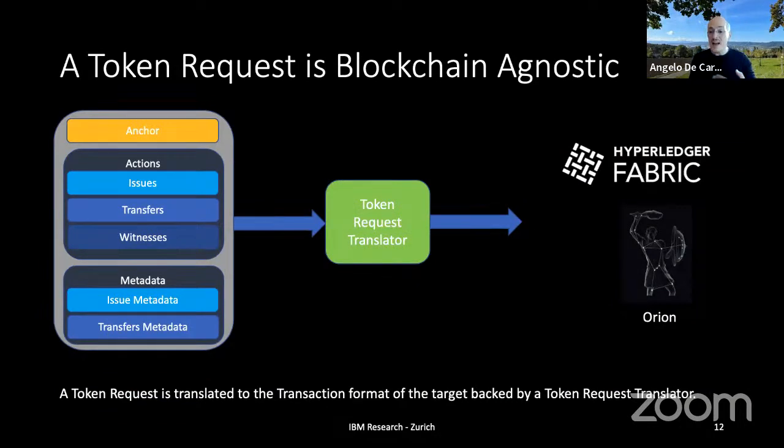Then, when it's time to store, to make it real, to make these actions happen and be settled in the backend, we have the concept of the token request translator. There will be a translator that takes this token request and converts it to the data format understood by the backend. For Fabric, it can be a read-write set.